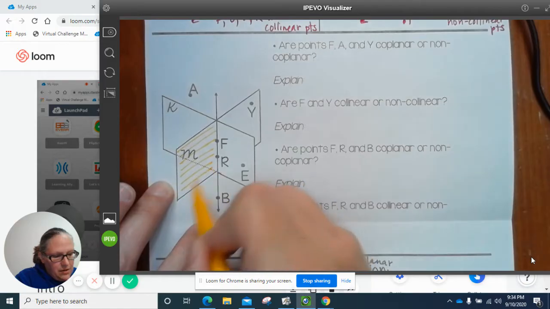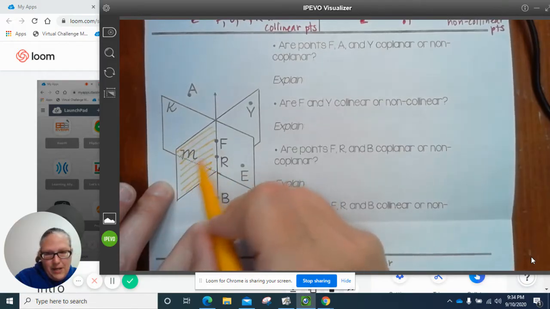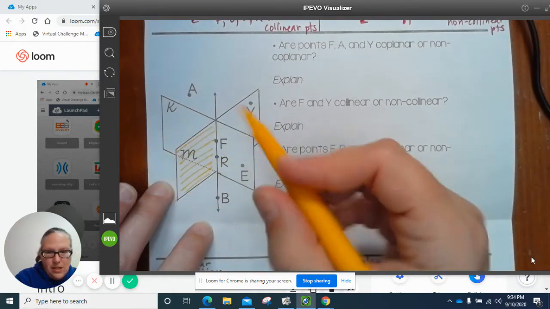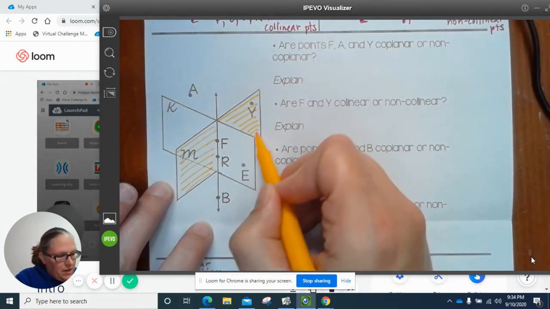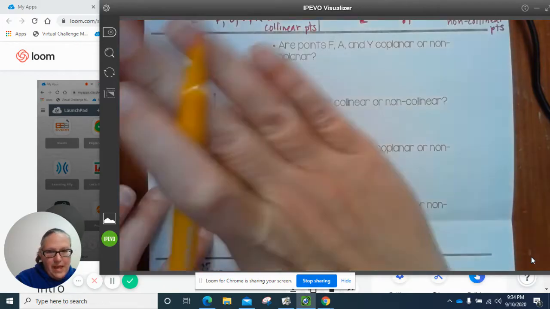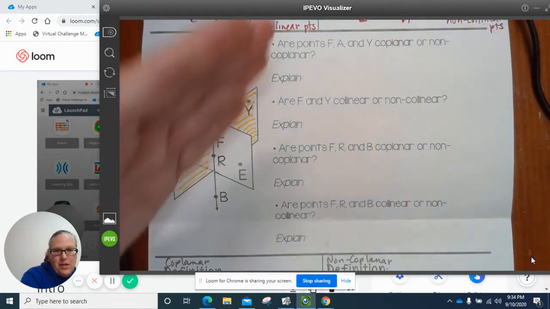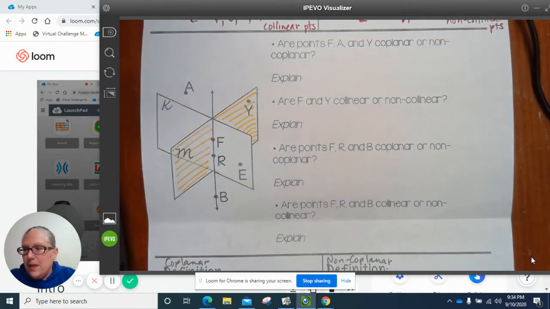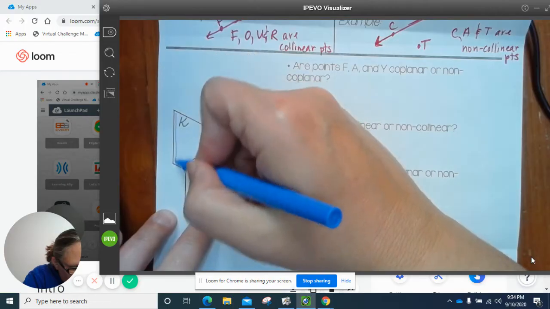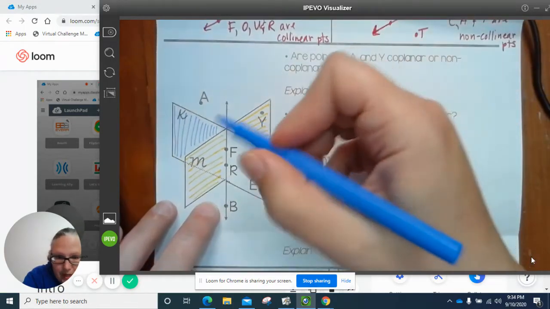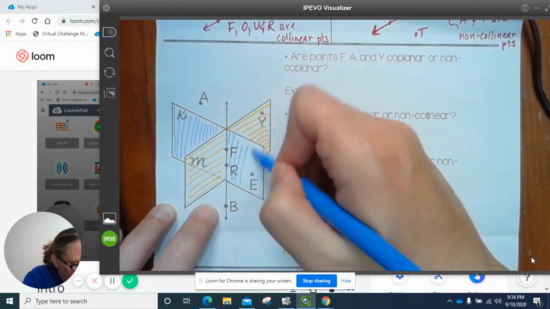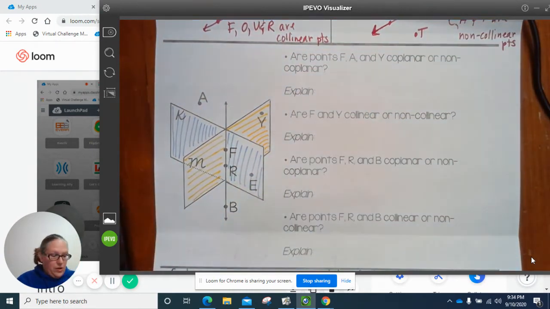I'm going to color this part of the plane, whatever color this is, yellowish orange, and the rest of this plane is kind of sitting back here at the back. Okay, so all of that, like think of that like a piece of paper that cuts through like that. Okay, then my other plane going the other direction is this one. So maybe if you don't have 2 different colors, you can just draw your lines in a different direction. Maybe that will work. Okay, so this is our other plane.